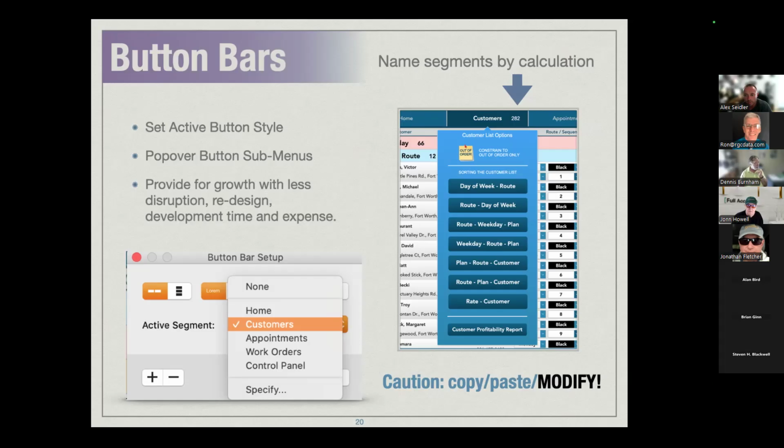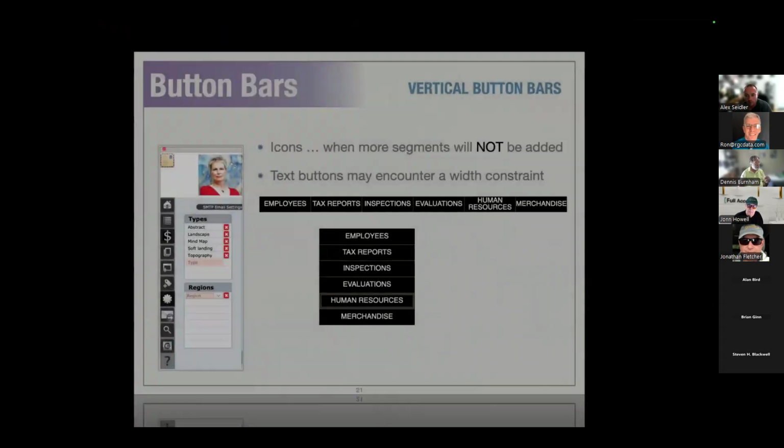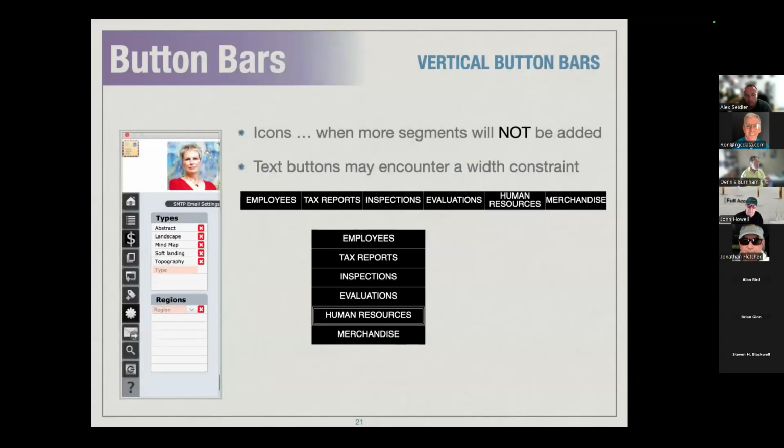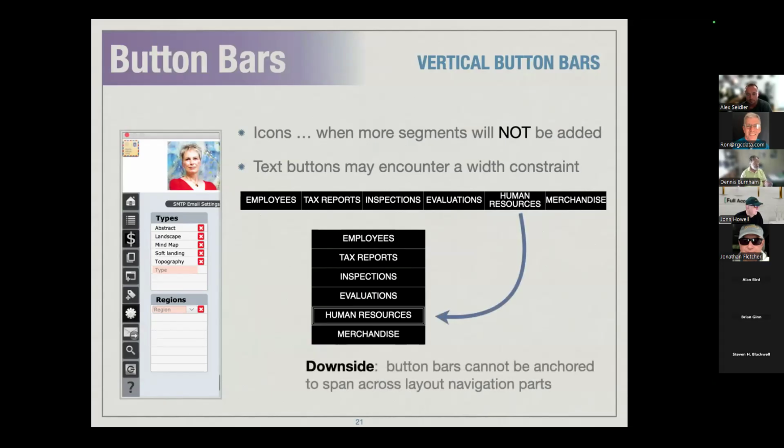So if you've chosen a particular font for one segment of the button bar, you're going to get that font in all the segments. And the reason that I will sometimes use a vertical button bar rather than a horizontal one is because I don't run into the problem of the words being too long to fit.